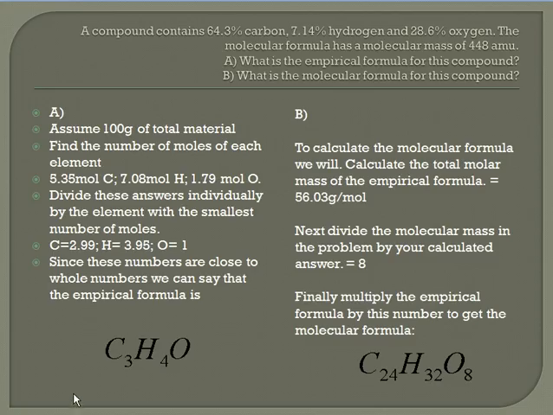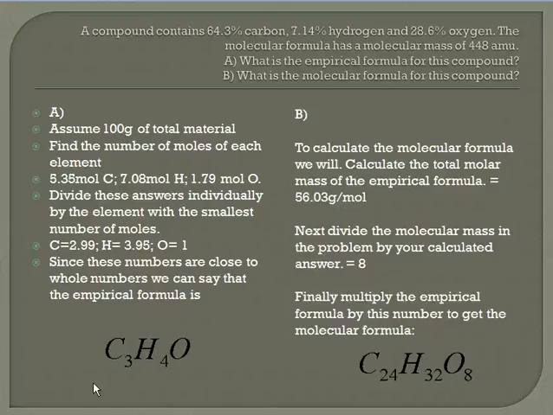For question 6, we're told the compound contains 64.3% carbon, 7.1% hydrogen, and 28.6% oxygen. The molecular formula of a molecule has a mass of 448 AMU. For part A, we're trying to find what the empirical formula is for this compound. So first we need to assume 100 grams of the total material, and then we need to find the total moles of each element, as we did in the previous question.